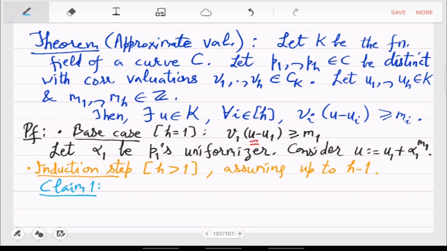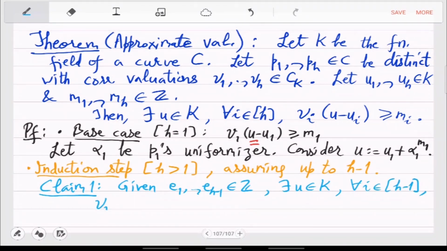The first claim is that given integers E1 to E(H minus 1), there exists a u such that for all i from 1 to H minus 1, Vi of u is equal to Ei.